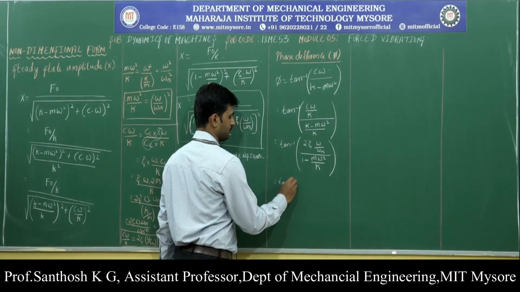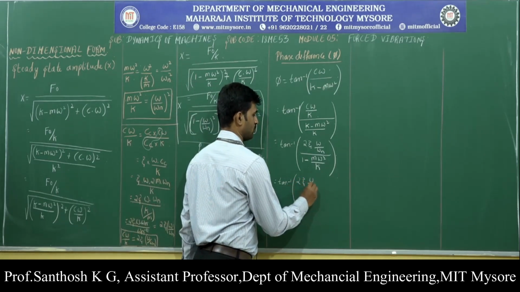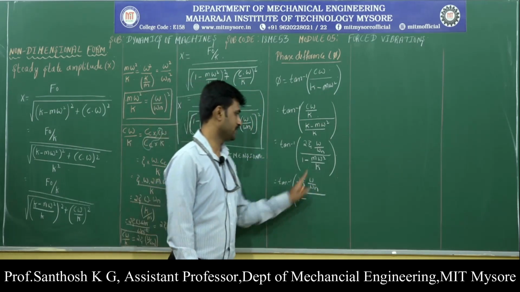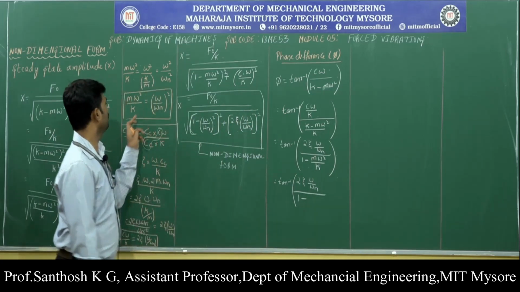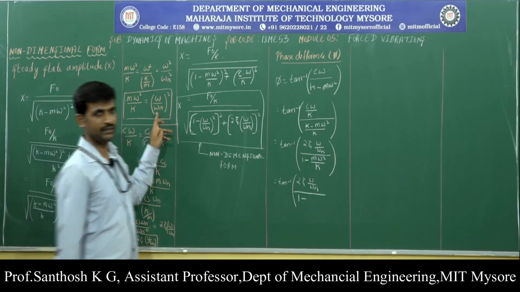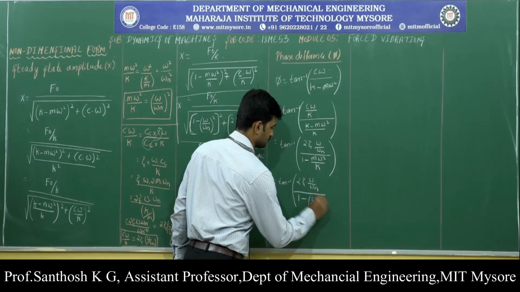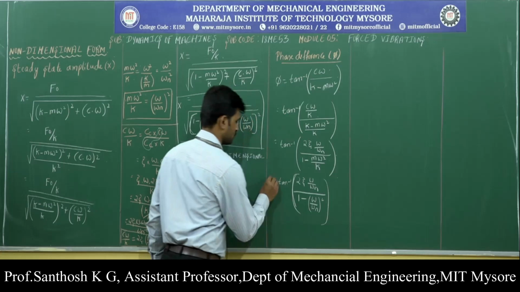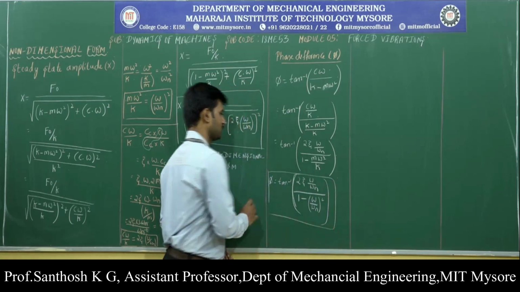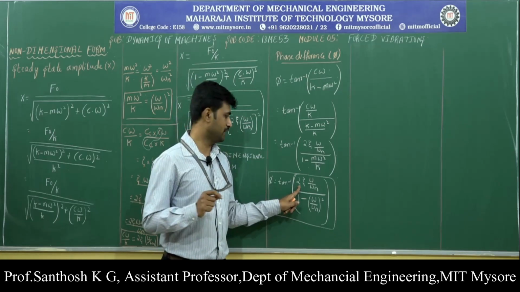Again simplifying this, tan inverse of 2 zeta omega divided by omega n, divided by 1 minus, in place of m omega square by K, I will write omega by omega n square. So, this is the expression for phase difference phi. If you look at this equation, 2 is a constant, it does not have any unit.